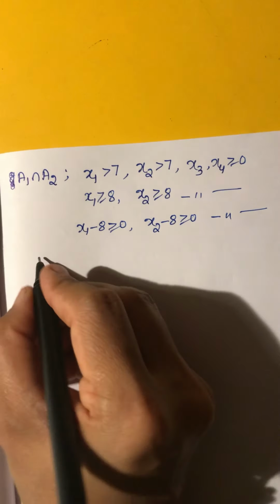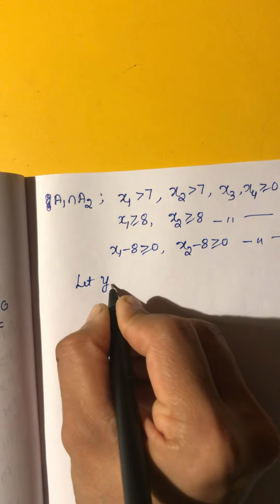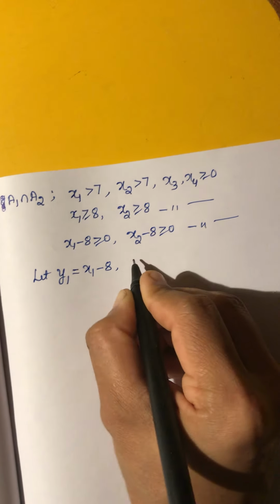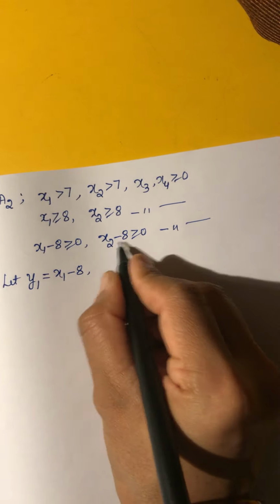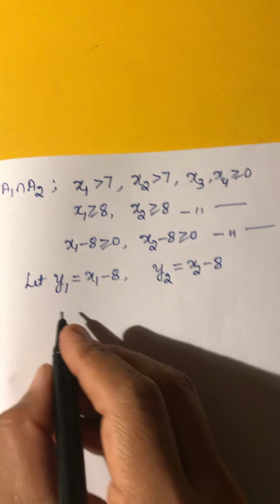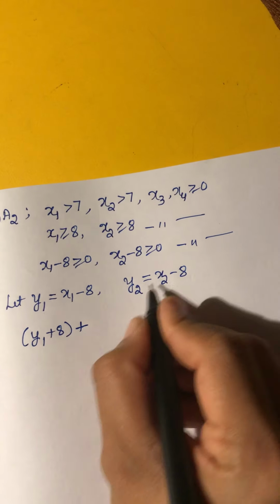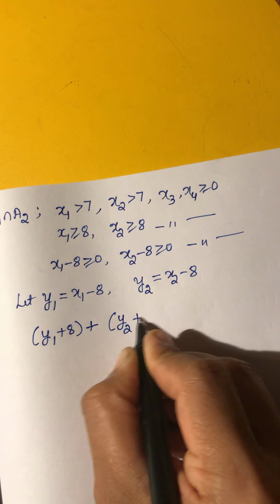Now let x1 minus 8 be y1 and x2 minus 8, let's call it y2. Now let's substitute in the given equation. First we have x1. What is x1? x1 is y1 plus 8. Next we have x2. It is y2 plus 8.